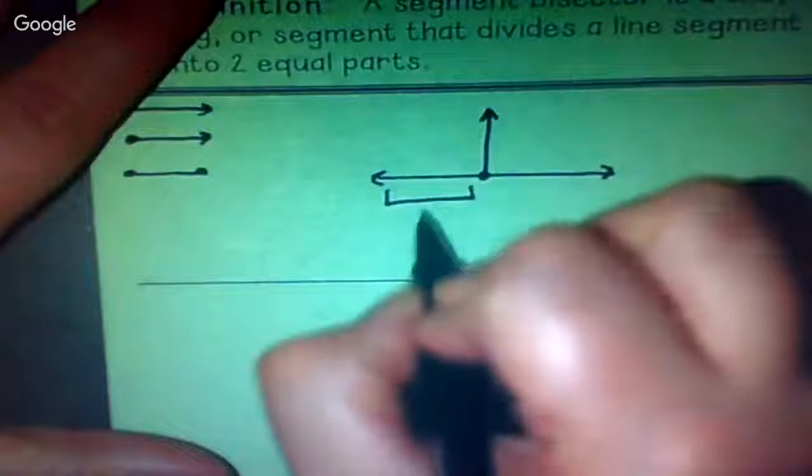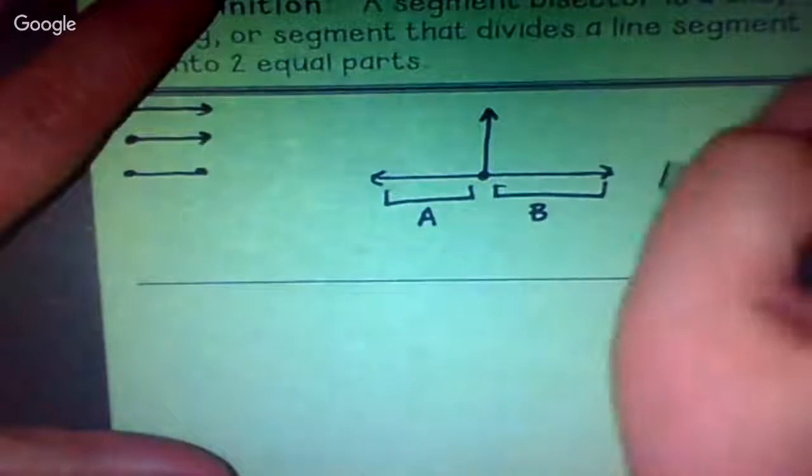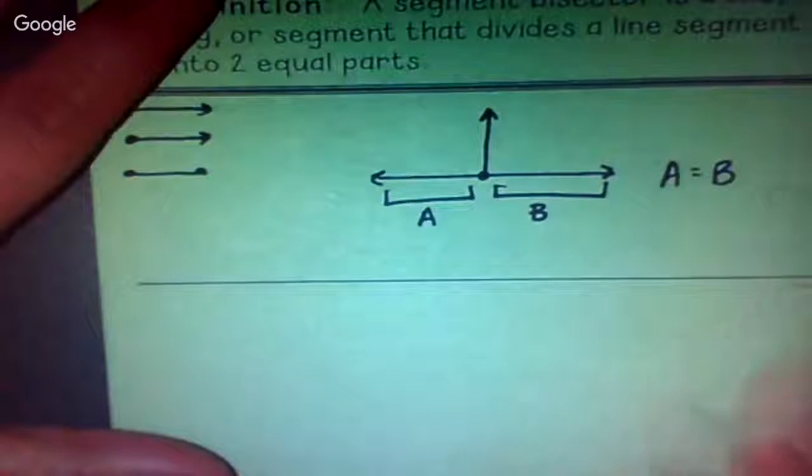Okay, so this will look something like this. You've got this line, and you've got a ray that splits the two. That means that this side, side A, and this side, side B, are equal to each other.